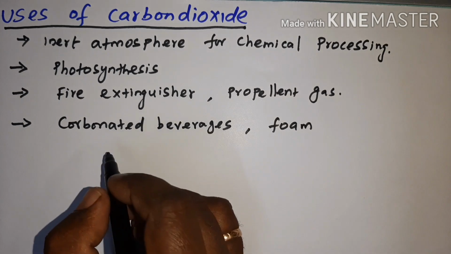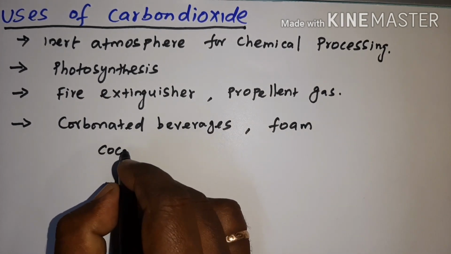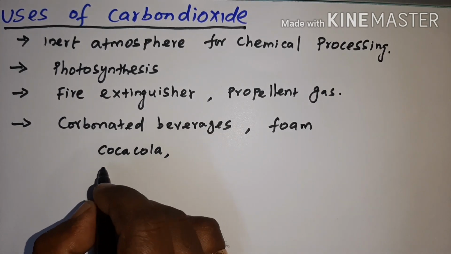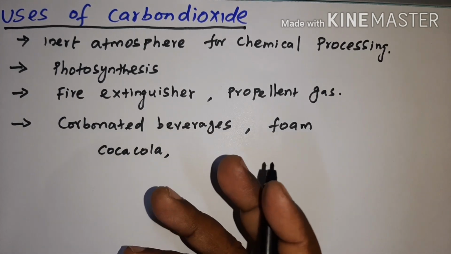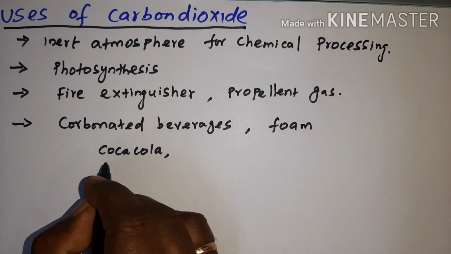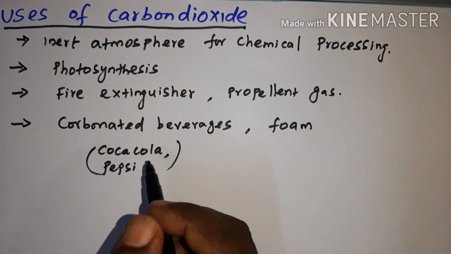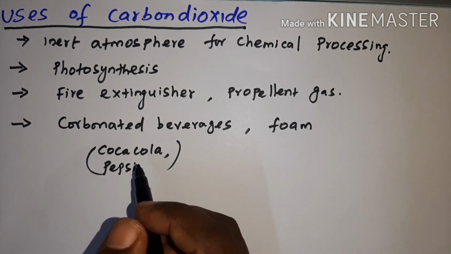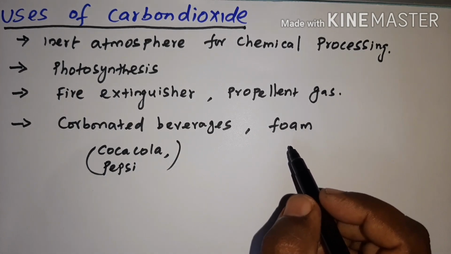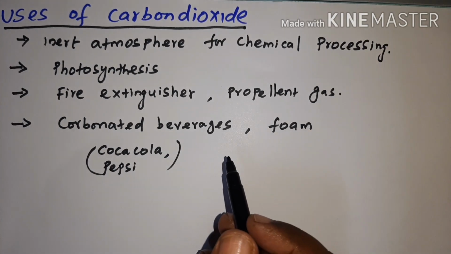Carbonated beverages, for example Coca-Cola, and there are many carbonated beverages we use in our daily life, like Pepsi and all carbonated beverages. Here we are using carbon dioxide. Also, we use carbon dioxide to produce foam. So these are the 4 important uses of carbon dioxide.